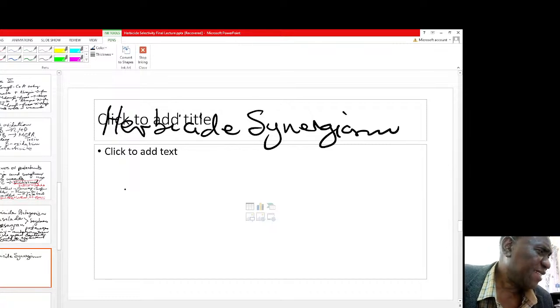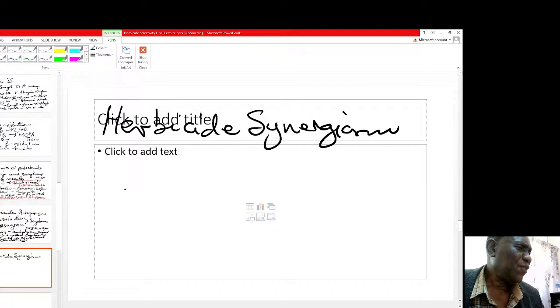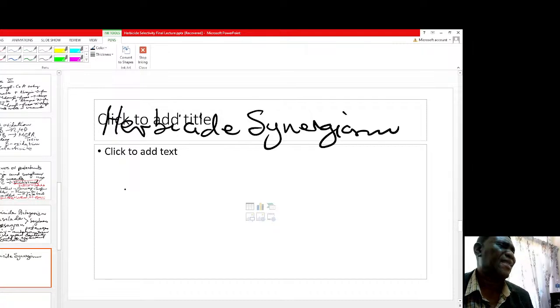Now, in herbicide synergism, if you mix the herbicide and an insecticide, especially an organophosphate one, you can kill your crops.